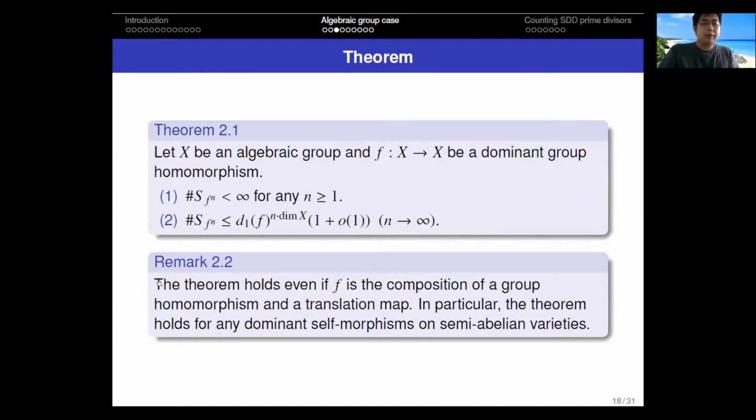We remark that this theorem holds even if F is the composition of a group homomorphism and a translation map. So in particular, the theorem holds for any dominant self-morphisms on semi-abelian varieties. Anyway, we only treat the group homomorphism case here.